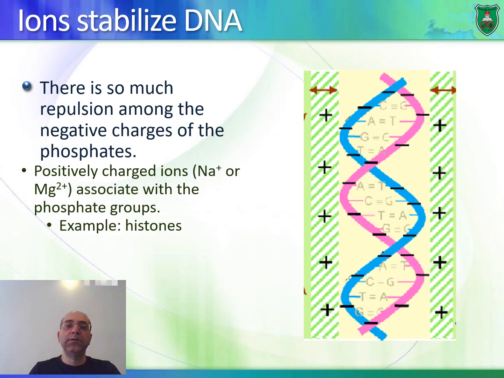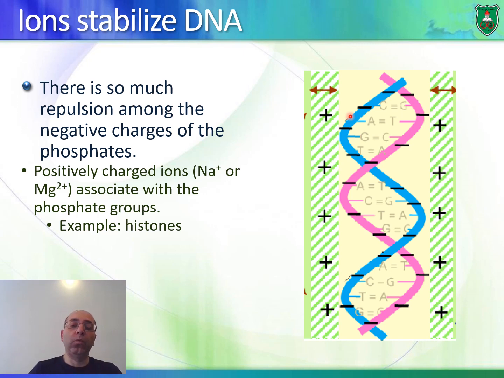Now, DNA has a lot of phosphate groups, and these phosphate groups carry a lot of negative charges. So on the surface of DNA, these phosphate groups would result in repulsion because of all of these negative charges, and that sort of destabilizes DNA a bit.